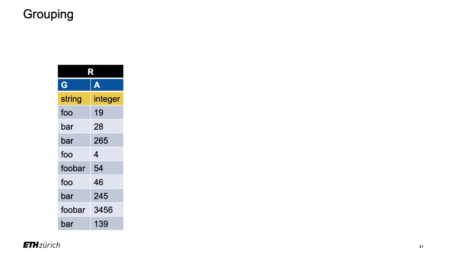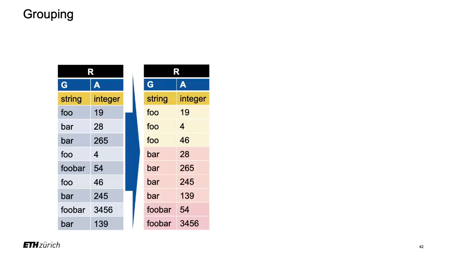We'd like to aggregate everything, all the values, all the integers associated with foo, all the values associated with bar, and all the values associated with foo bar. That's called an aggregation. So what's actually going to happen is that first, we need to put them together. So here I just shuffled around by putting the foos with the foos, the bars with the bars, and the foo bars with the foo bars. Just shuffled a bit.